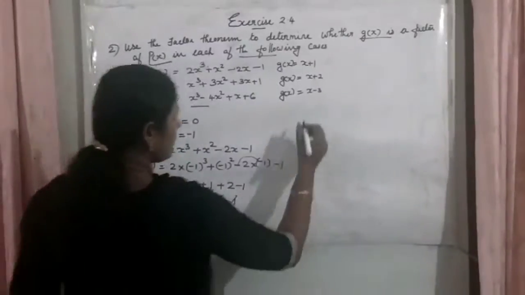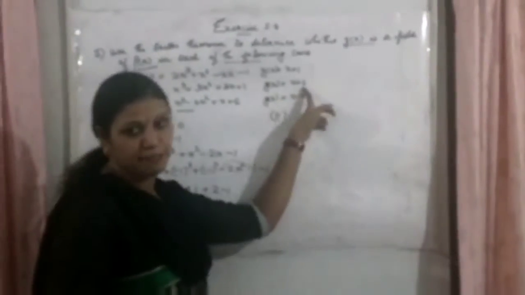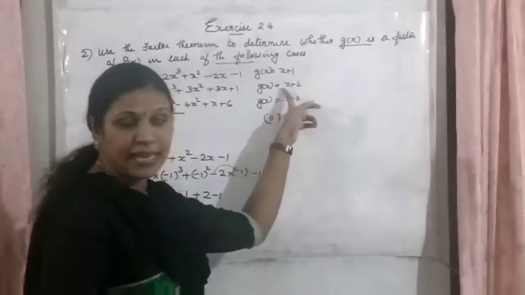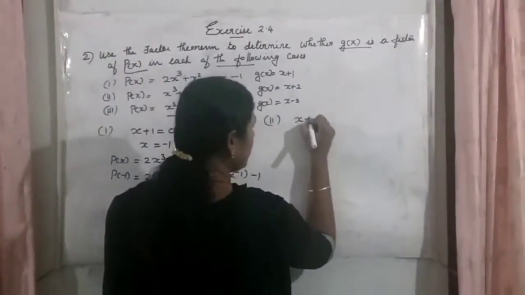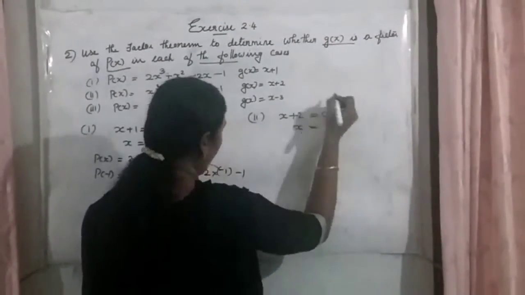The second question is p of x here, and g of x is x plus 2. So first we equate x plus 2 to 0, that is x plus 2 equal to 0, and x equal to minus 2 on the other side.